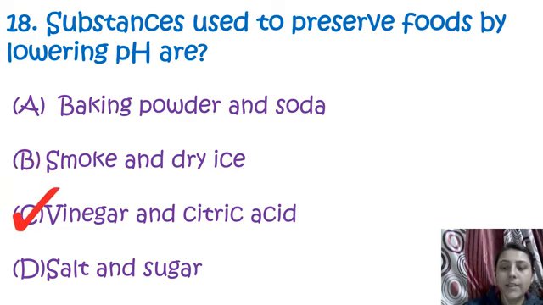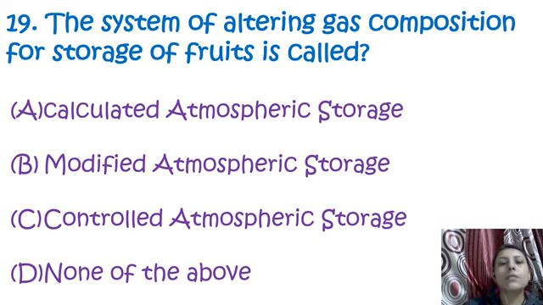Vinegar and citric acid have generally low pH, and are also used for lowering the pH of other food substances. Next question is, the method of altering gas composition for storage of fruit is known as modified atmospheric packaging. In modified atmospheric packaging, we flush out the oxygen and replace it with other gases like carbon dioxide and nitrogen, so it is a good and appropriate method for the preservation of food.